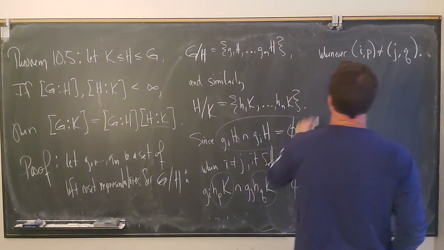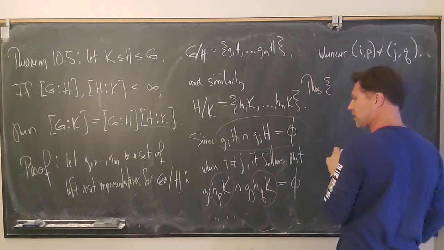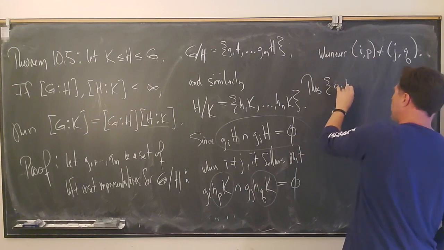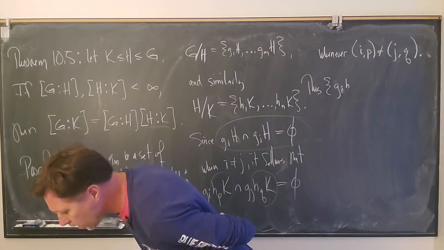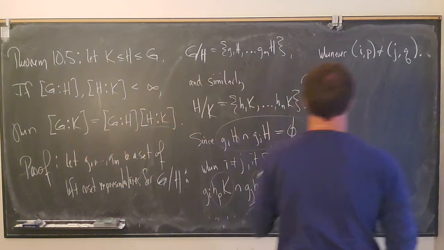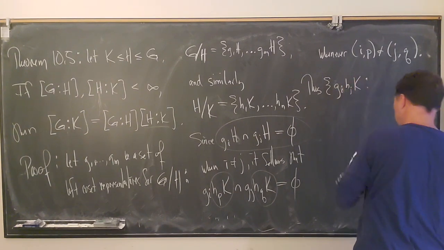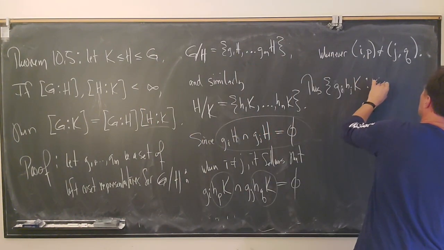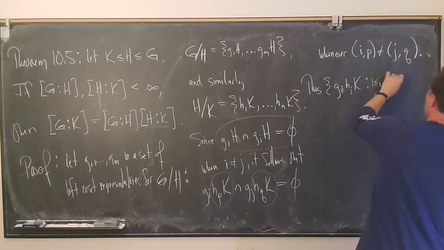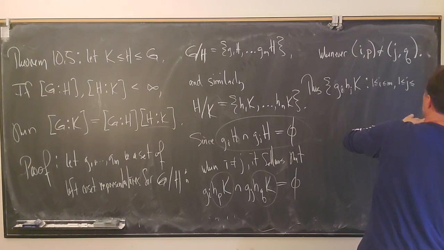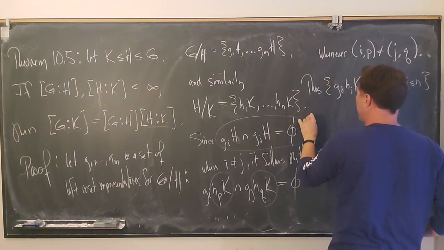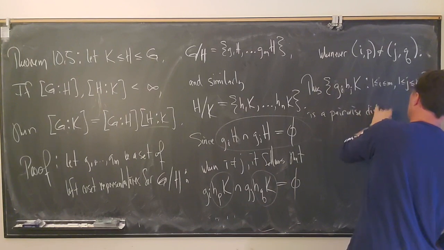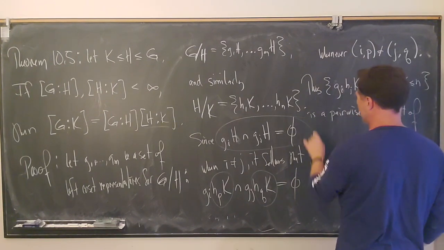Thus, this collection is going to look a little bit weird, but my cosets are going to be gi hj times K, where i runs from 1 to m and j runs from 1 to n, is a pairwise disjoint set of left cosets.